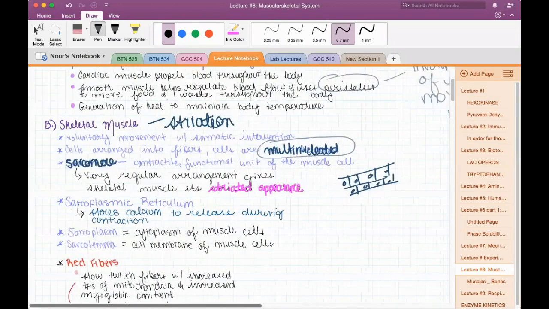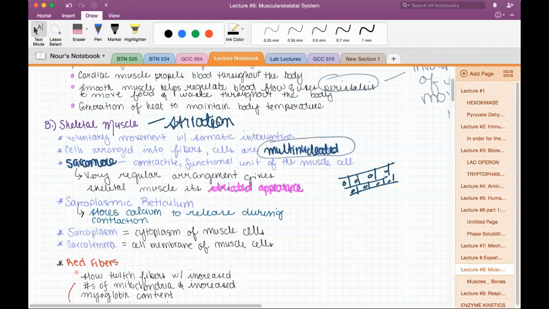And the sarcoplasmic reticulum is a very unique area that is used to store calcium to release during contraction. I'll go over the details of how that occurs, but in order for contraction to occur, a release of calcium needs to happen. So always remember this: if there's no calcium around, there is no muscle contraction.